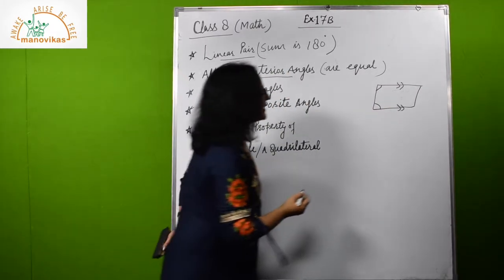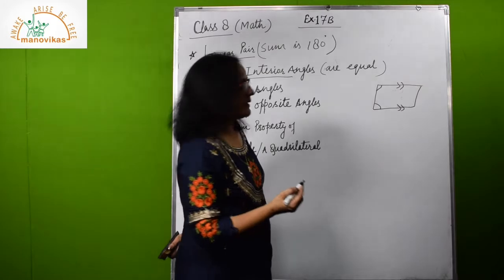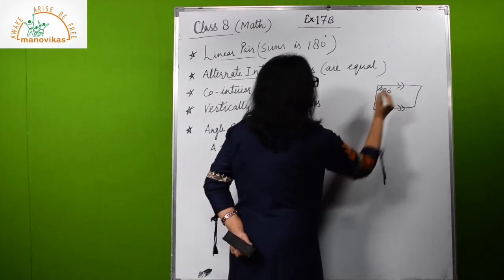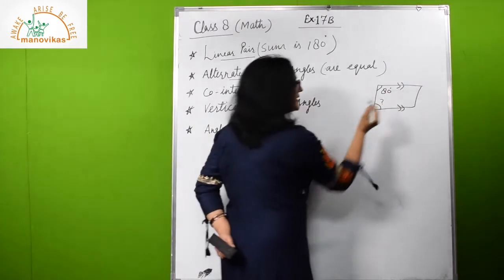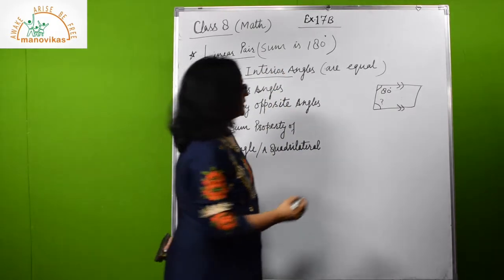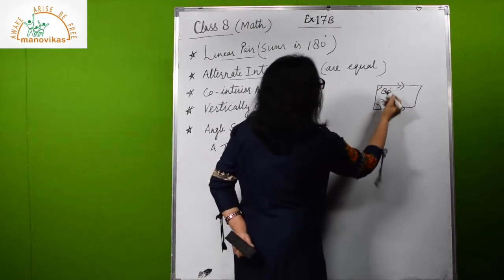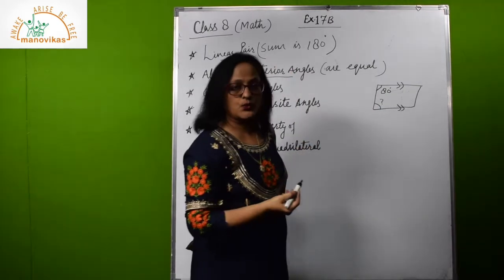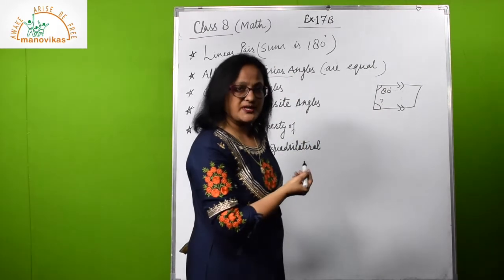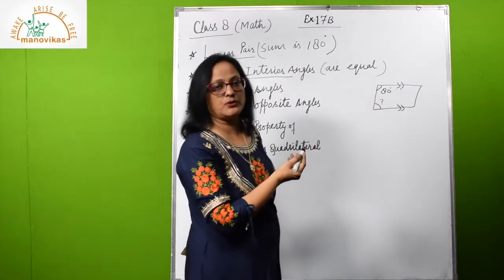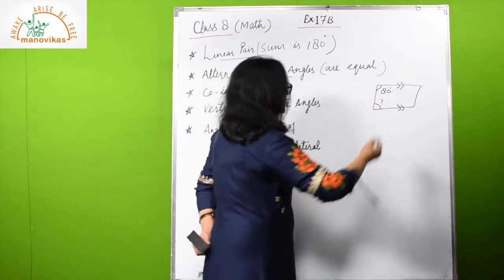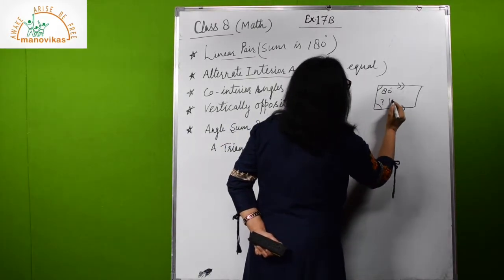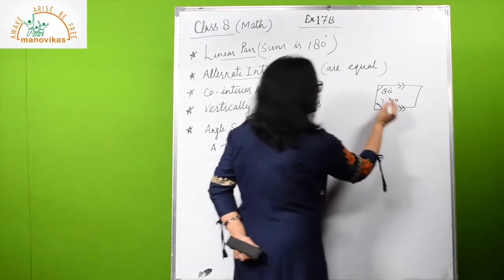So co-interior angles are supplementary, if you remember. So suppose here you are given this angle is equal to 80 degree and you have to find this angle. So you will use the property of co-interior angles. Now you can see here these two angles are co-interior angles, so they will be supplementary, means their sum will be equal to 180 degree. So here you will use that sum. So 180 minus 80, this angle will be equal to 100 degree.